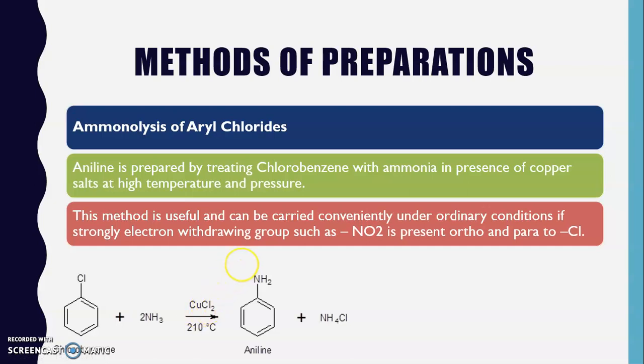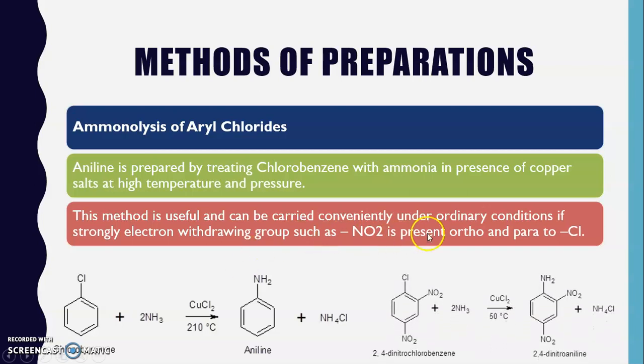But this particular method can be easily carried out under reduced temperature as well as pressure by using different groups, say for example, electron withdrawing groups either at the ortho or para position to the chlorine. Now here you can see this is your ortho position, this is your para position.